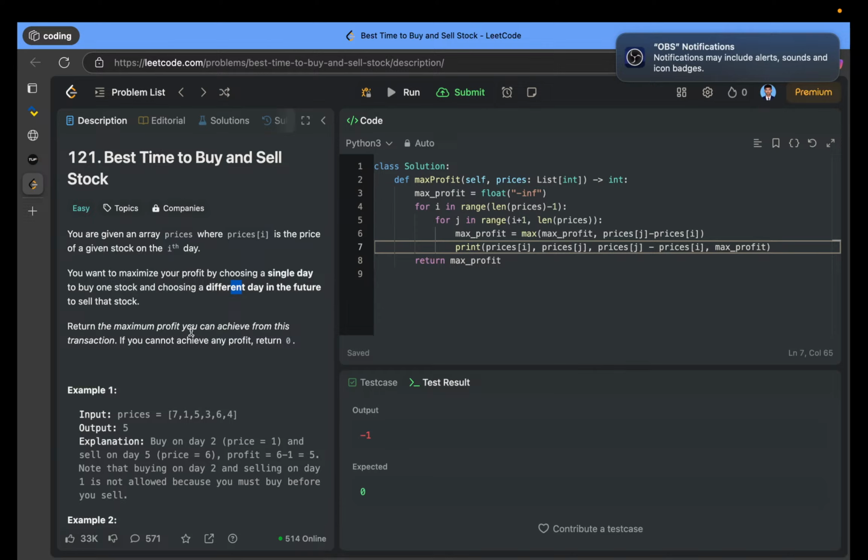If you cannot achieve any profit, then return 0. Okay, so here is max profit. I don't think I need this. Again, my mistake. I haven't read the whole question.